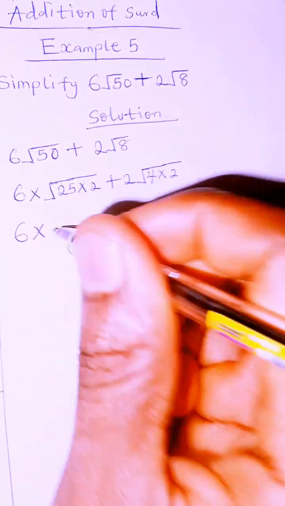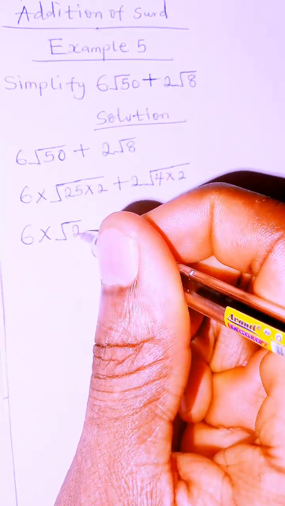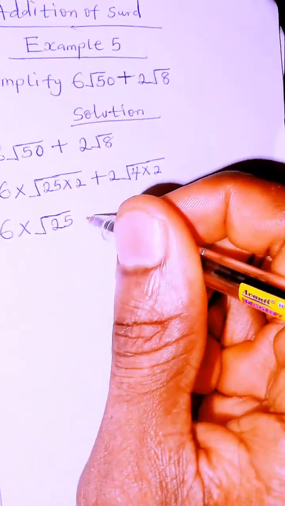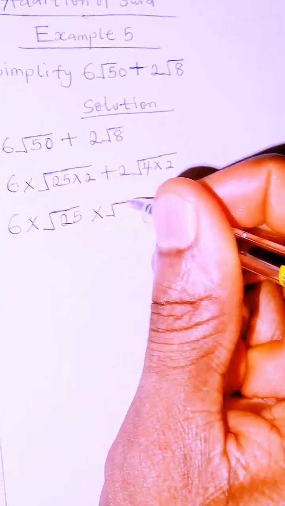6 times, we are going to split 25 times root 2.